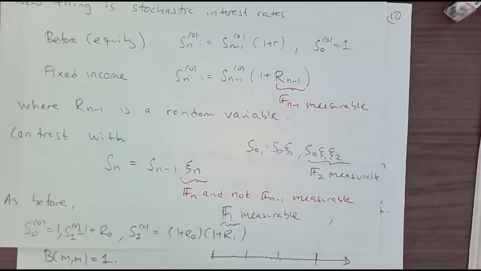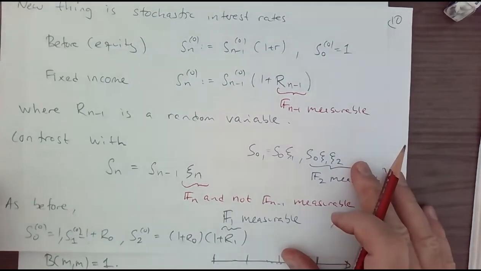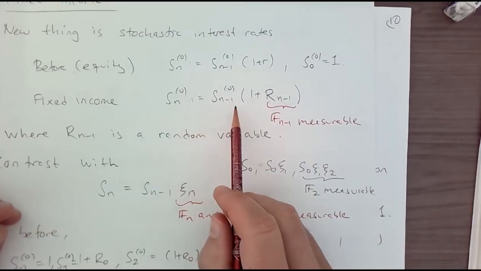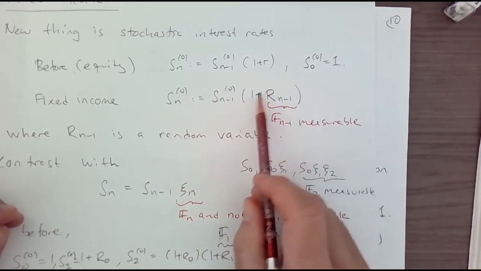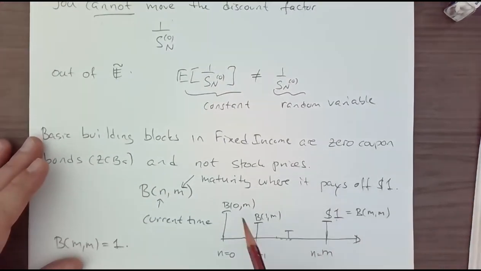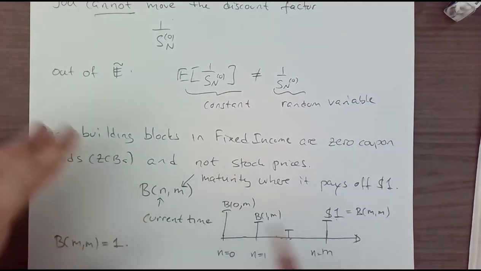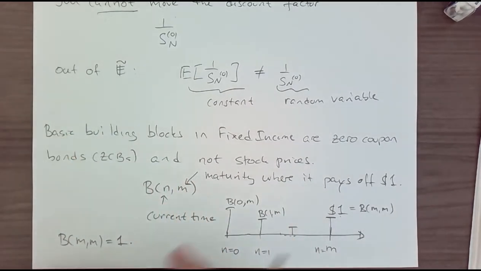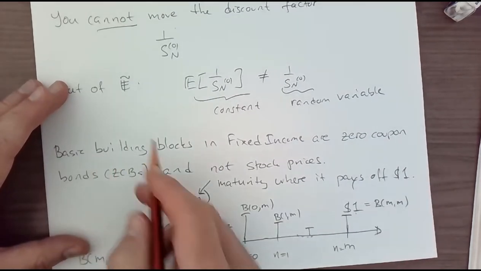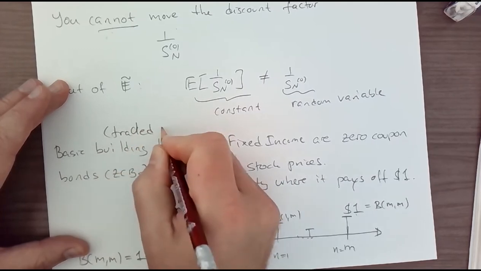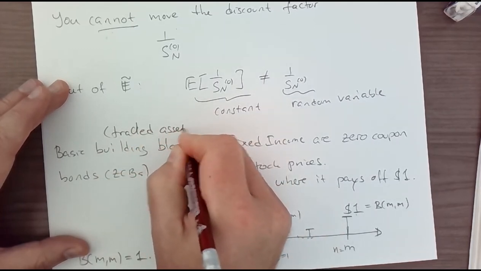Now we're going to allow stochasticity to come into the bank account through this interest rate. So in these models, you start out by creating the zero coupon bonds. These are the basic building blocks, the traded assets.